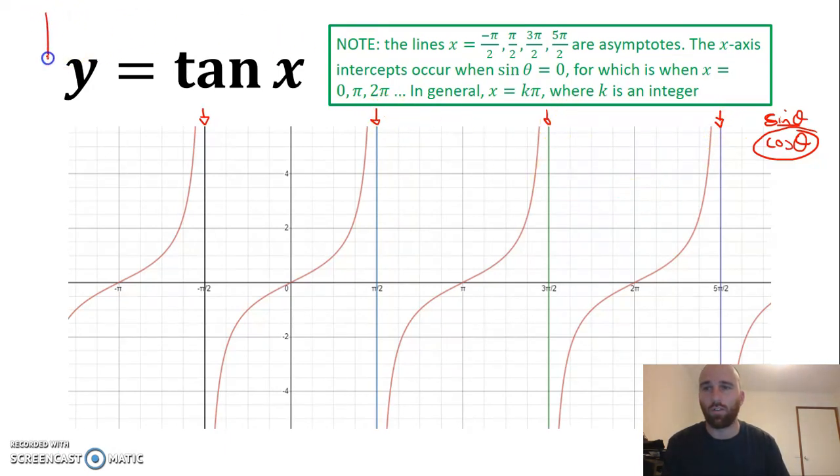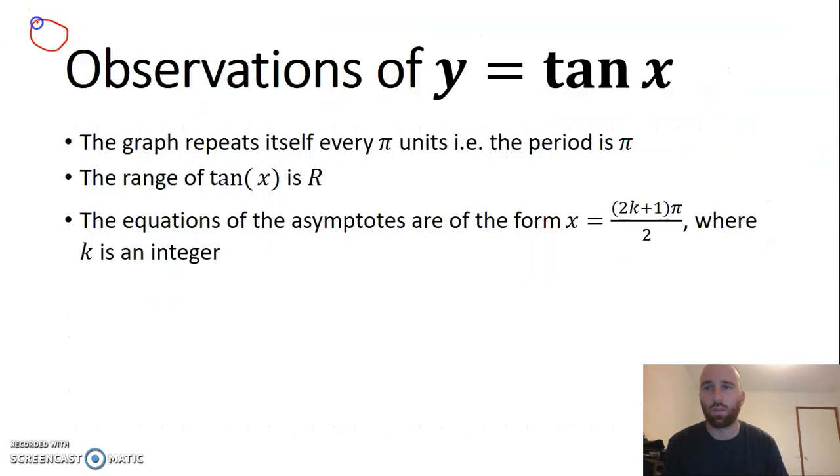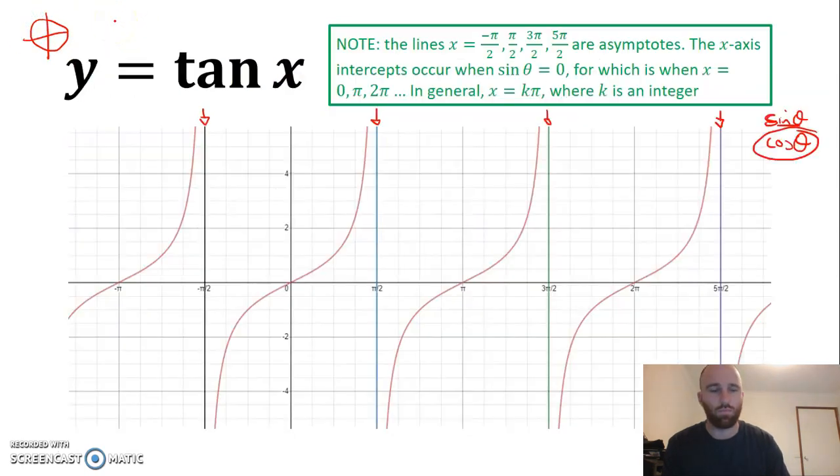If I draw the unit circle, cos represents a horizontal displacement, and at pi over 2 and 3 pi over 2 the horizontal displacement is 0. That's how we get our asymptotes, because of the cos function.